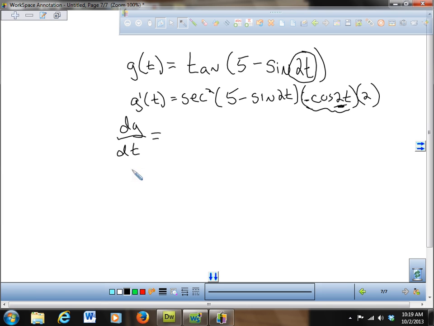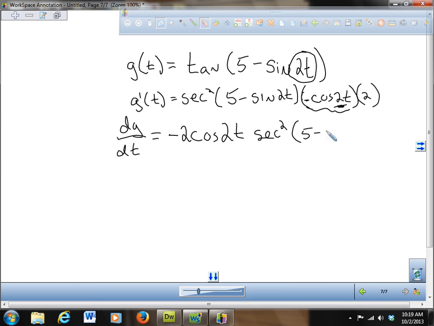Is that how you leave the answer? I would bring this stuff in front. I would rewrite it as minus 2 cosine 2t times secant squared of 5 minus sine of 2t. The only reason I did that is because it could be confused.